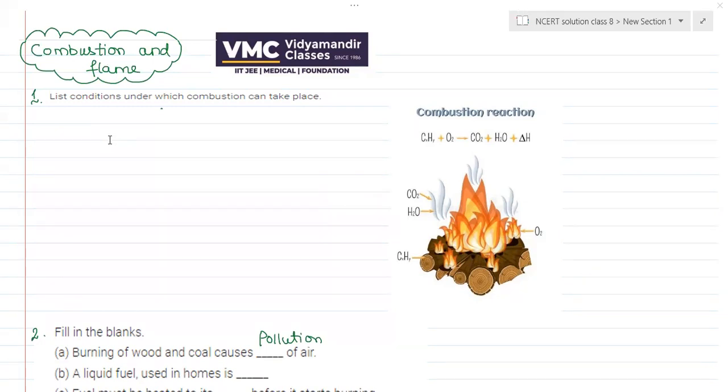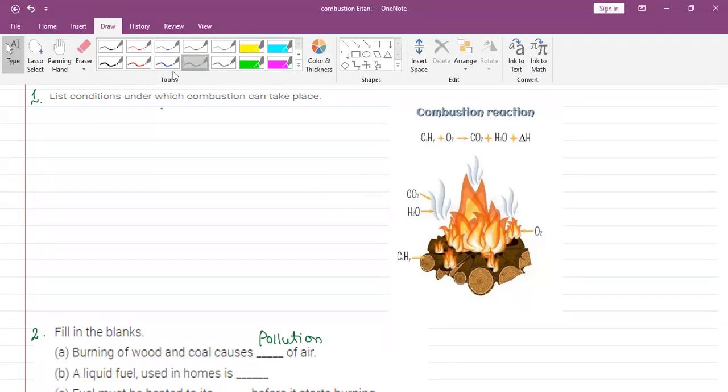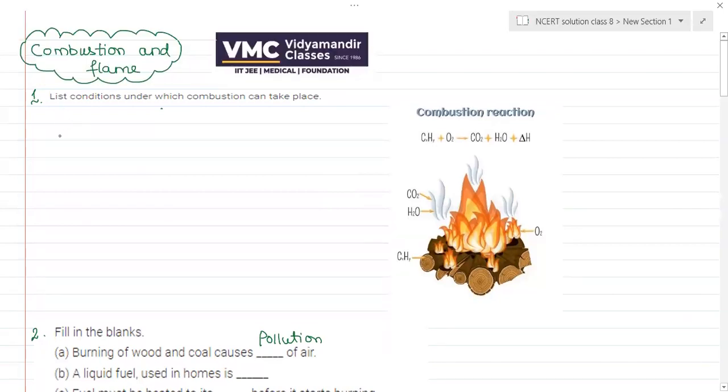So the conditions under which combustion can take place are: first, you need a combustible substance or a fuel. So let's write this: conditions under which combustion can take place.